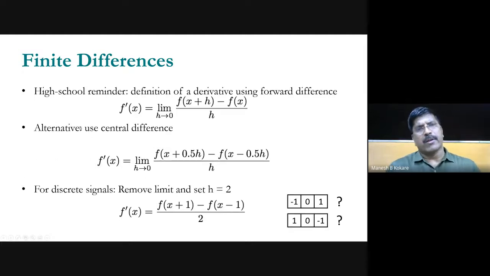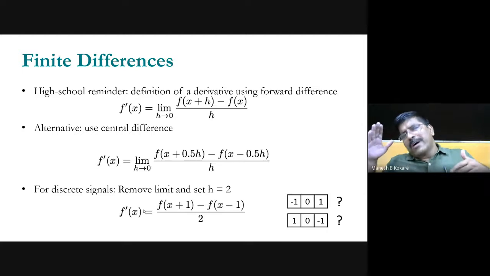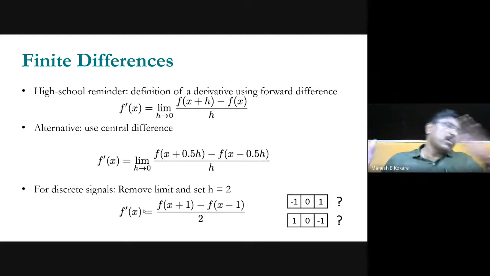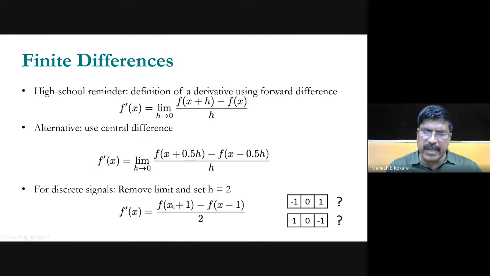If you look at this formula, if you set h equal to 2, then this is f(x plus 1) minus f(x minus 1). What we are doing is, for finding the intensity difference at that value, we are considering the next and the previous pixel value.